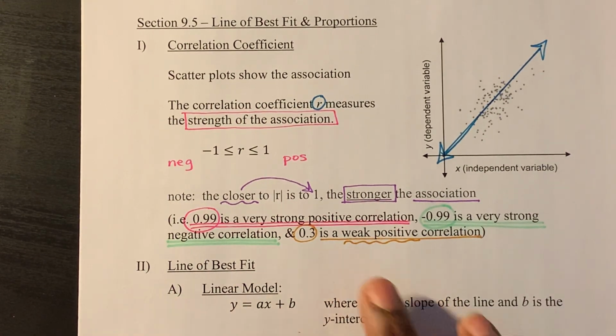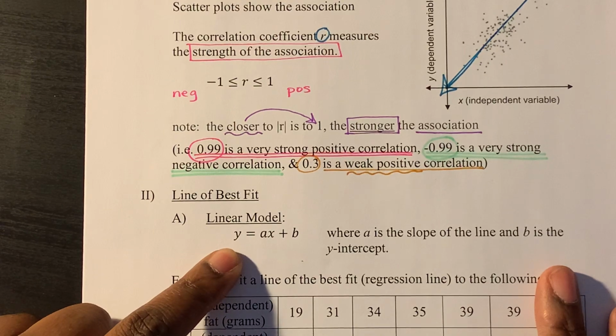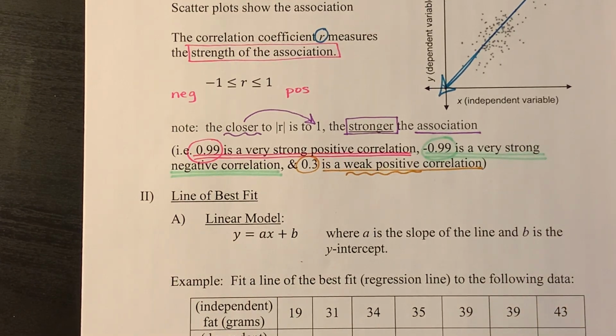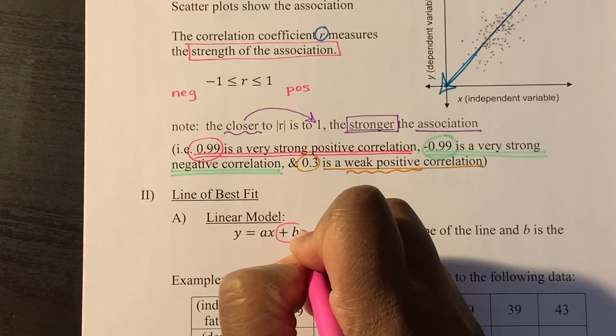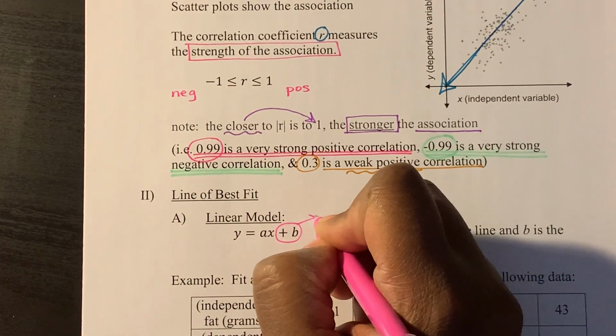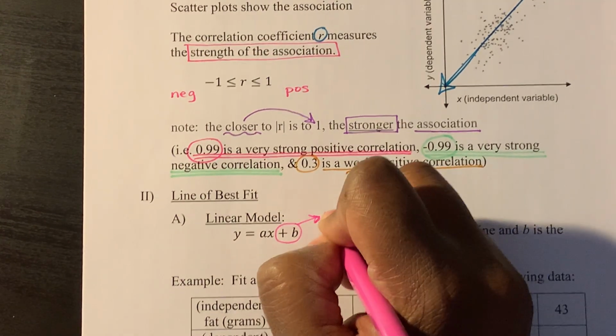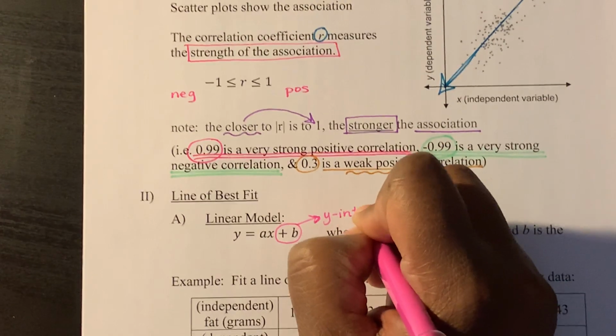All right, so if we're looking at line of best fit, you can do a linear model, and this is something that you can do on your calculator. We'll go into that part, but the first thing I want to point out here is that this is just a reminder that that's going to be our y-intercept.